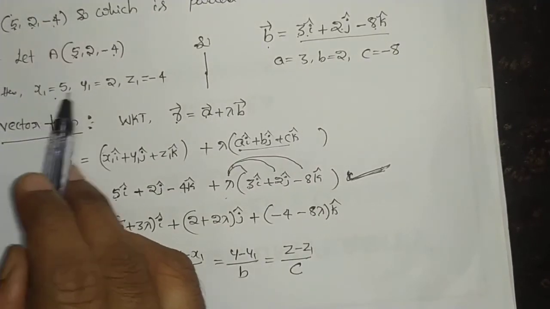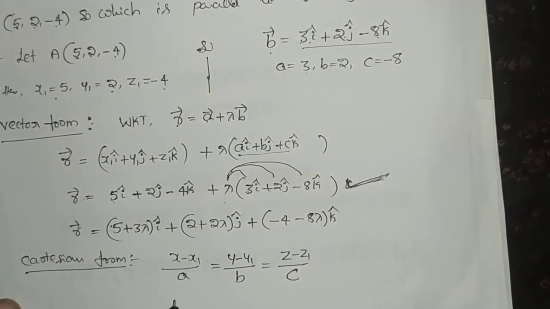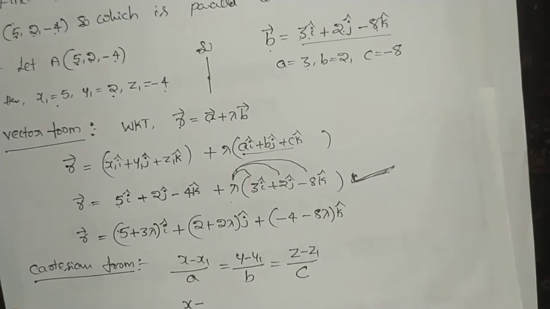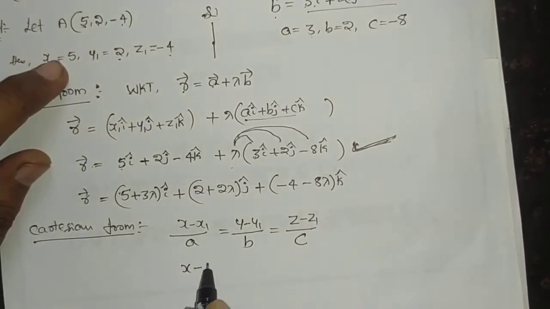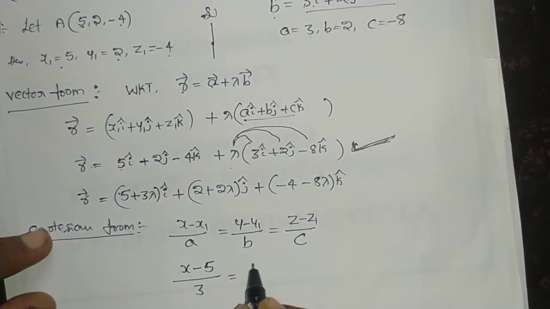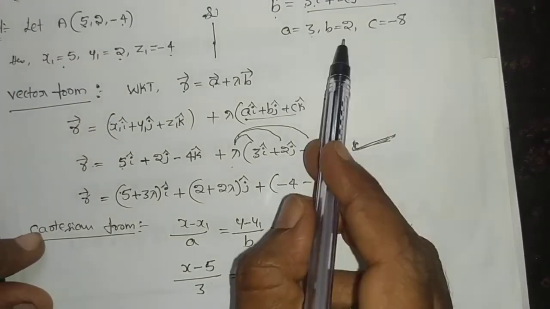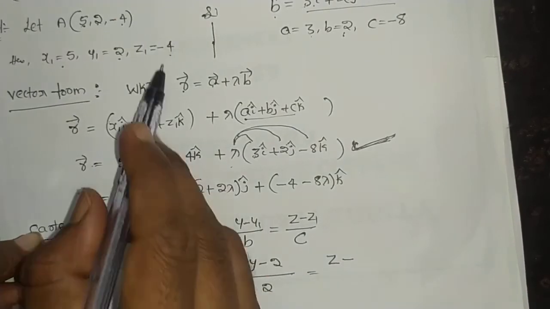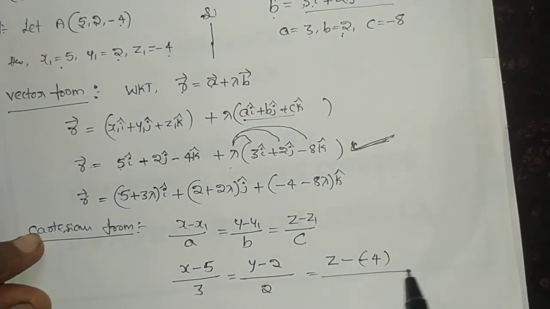You just substitute it. x minus x1, what we have? x1 is 5, divided by a, what we have? 3, equals y minus y1, y1 is 2, divided by b, what we have? 2, equals z minus z1, minus 4, minus of minus 4, divided by c.